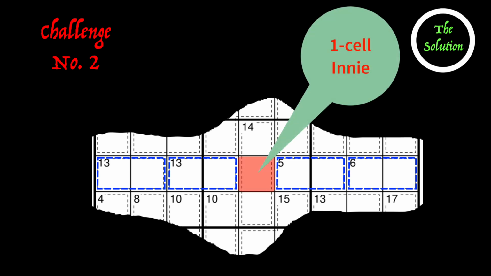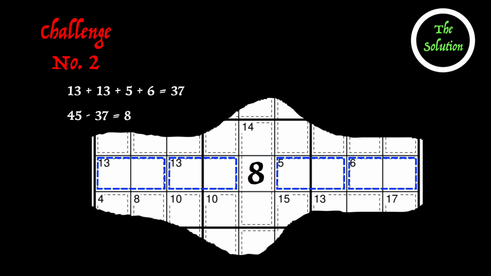That's a one cell Innie. Let's look at the totals of the cells we have in these cages, 13 and 13 and 5 and 6. That comes to 37, not quite 45. So it's 8 less than the 45, so an 8 goes in that one cell Innie.